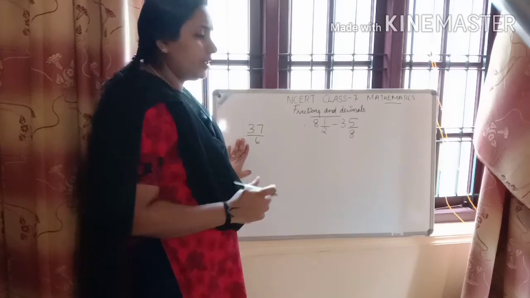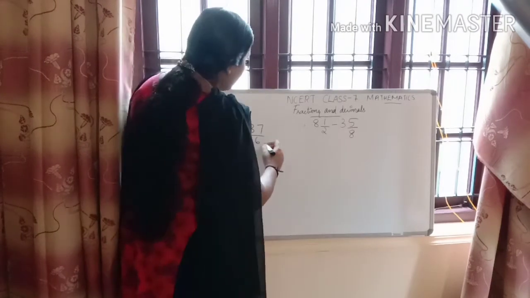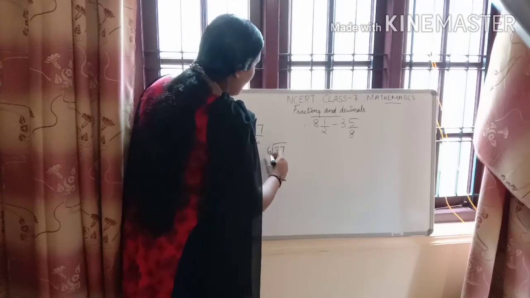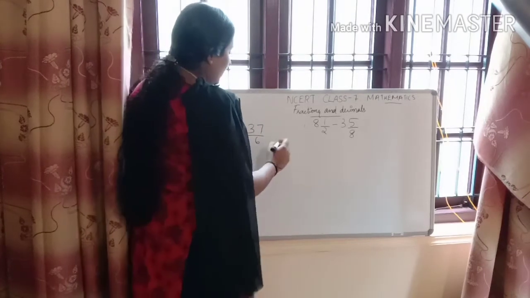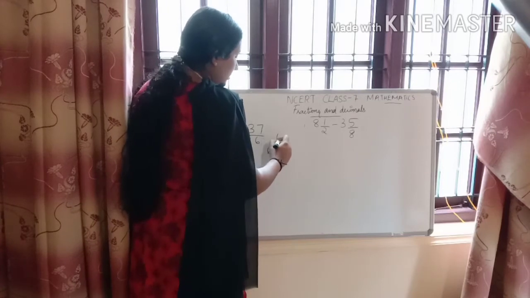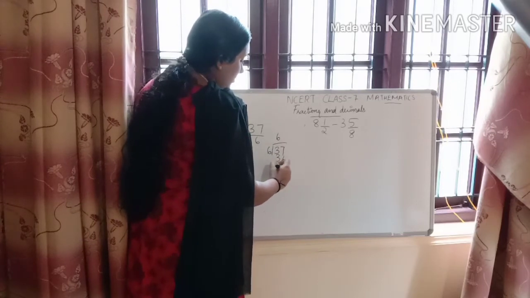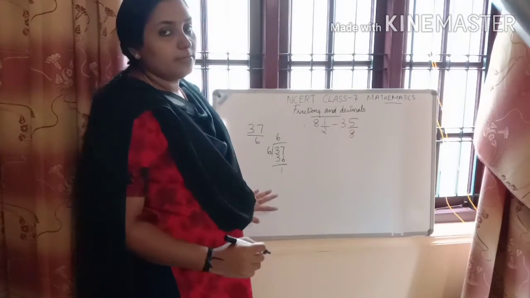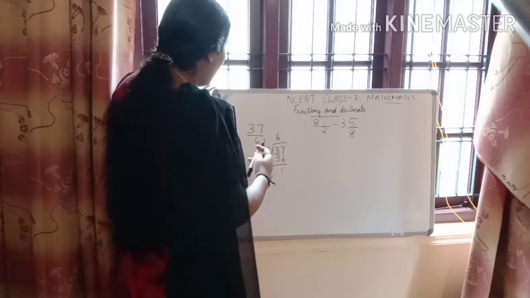Just divide 37 by 6. We will get 6 sixes are 36, and we get the remainder as 1. How can we write it? The arrangement is like this.